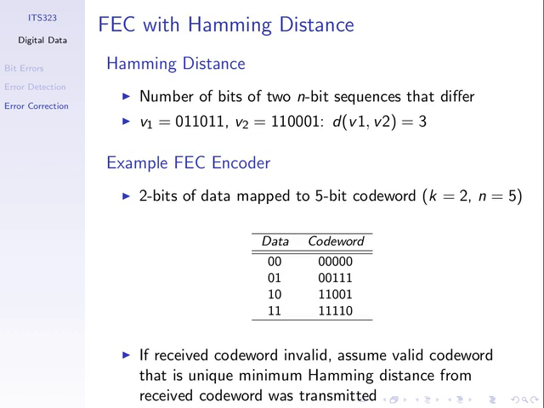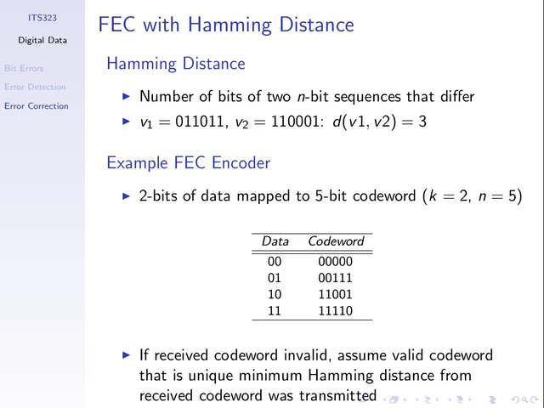Why did it happen? Because the valid code words are close to each other. There's only one bit difference between here, and in fact between these two there's only one bit in difference. So this design of the encoder is not as good as in this case because we see the difference between the valid code words is larger, the Hamming distance between them.